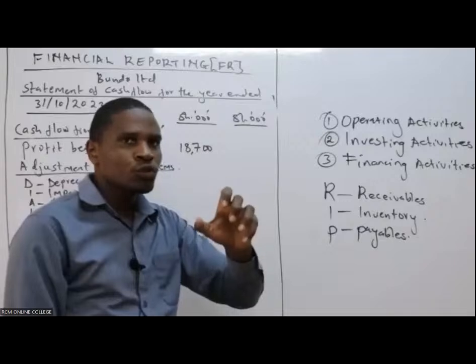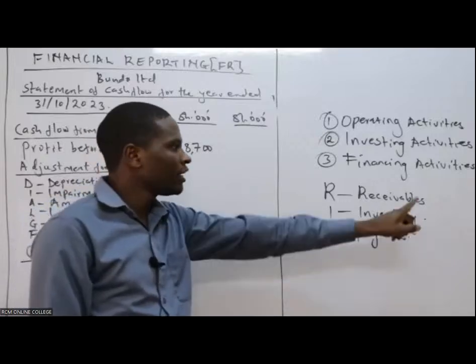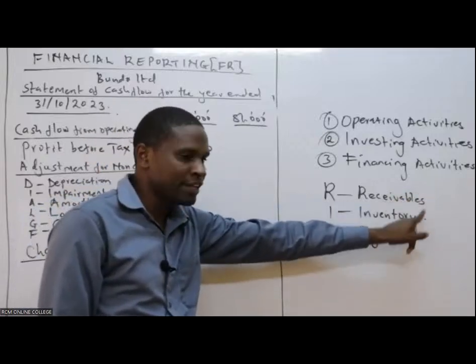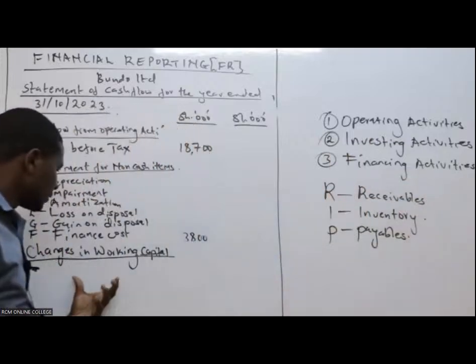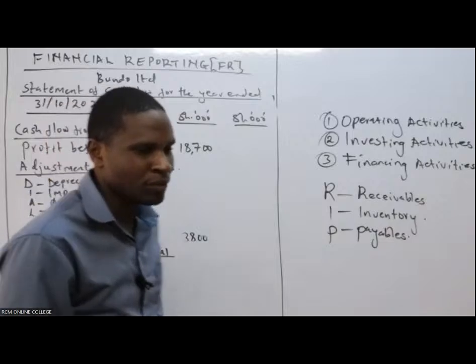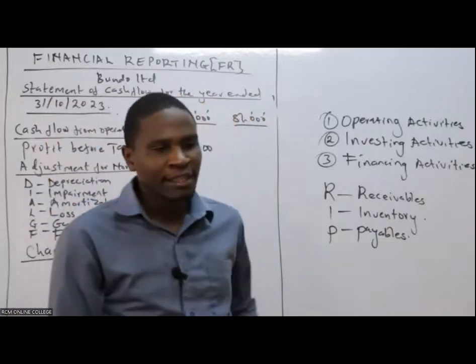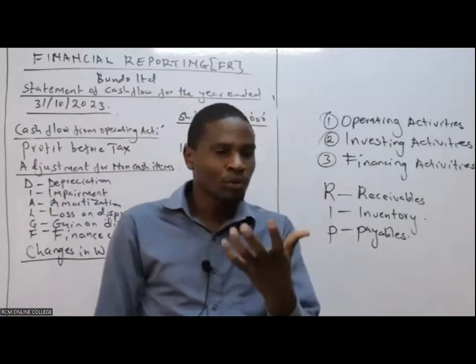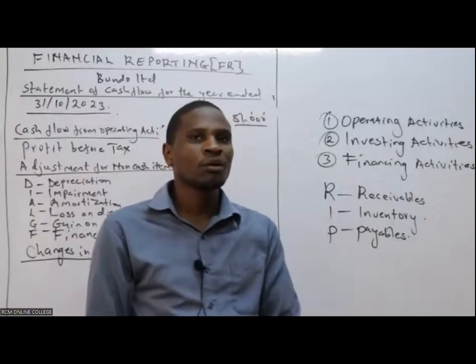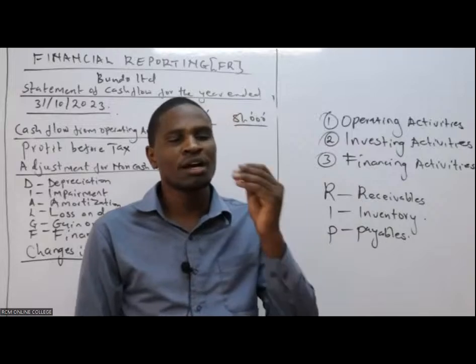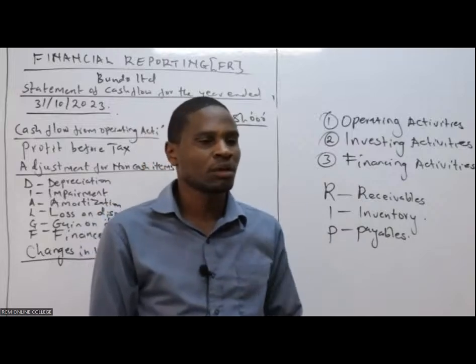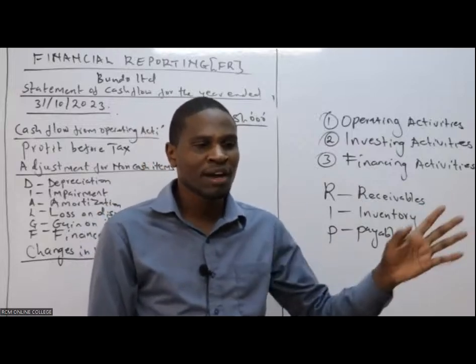Now, somebody to remind me what we said when it comes to receivable and inventory. These are assets. How do we do it under changes in working capital for the assets? There is something, I gave you a formula, a direct formula where you don't have to think, was there an increase or was there a decrease? You don't have to think that. That era is far gone.